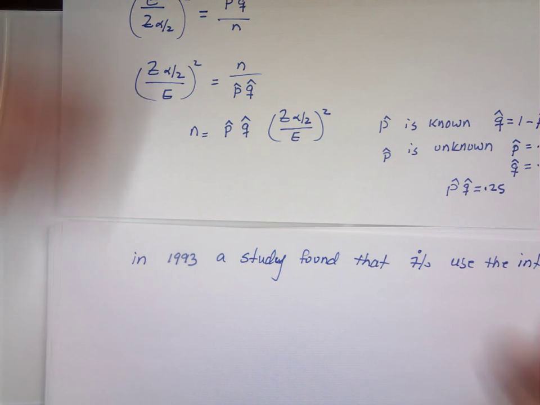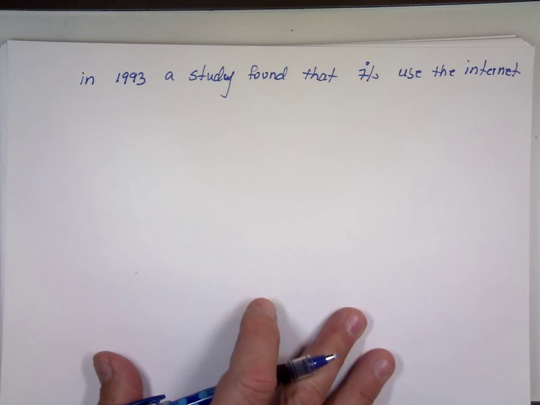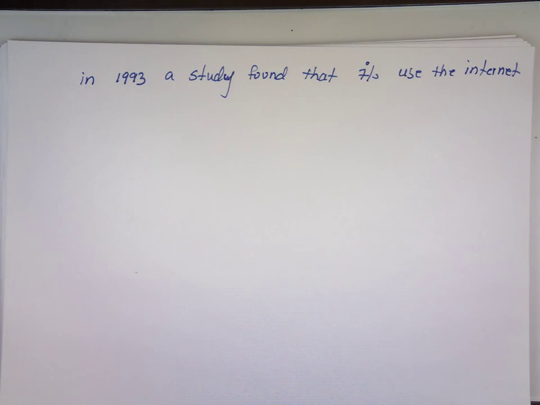Now, some of you might not remember, the internet was not really fun like we have today. It was all text, no pictures, nothing, you just got to read through it. So even if you had it, sometimes you didn't want to go on it because it wasn't that fun. But that was a study done in 1993. Only 7% of the people use the internet.